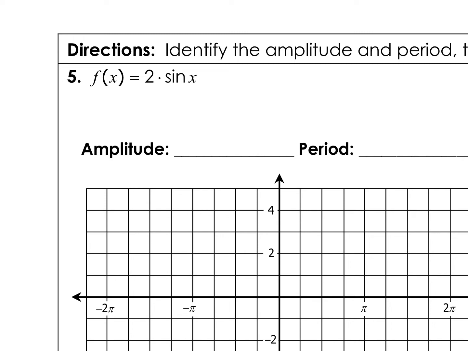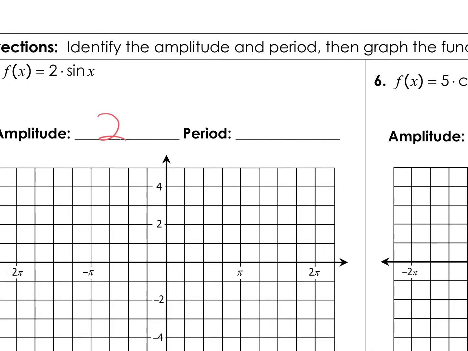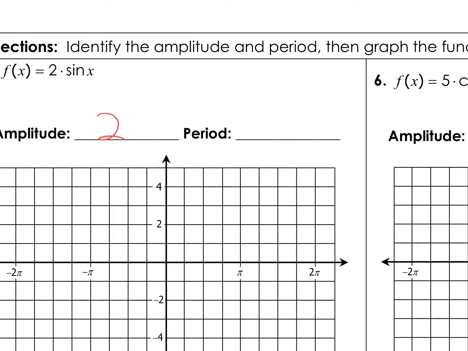So what's my amplitude for number 5? That would be a 2. Natalie, what do you think? Yeah, you think right. Yaretsi, help me out with the period. We have never had a period of a 1 yet. It was 2 pi.